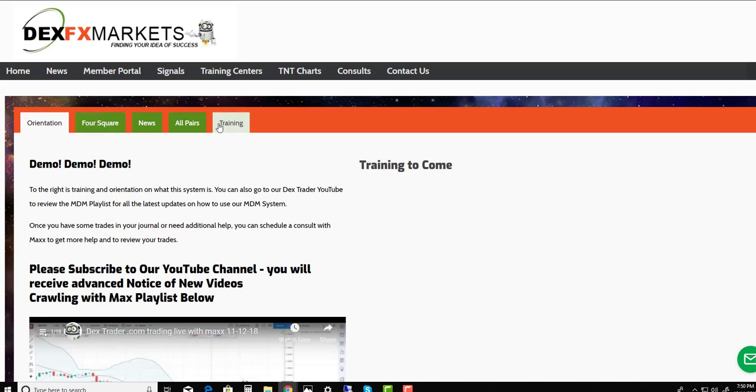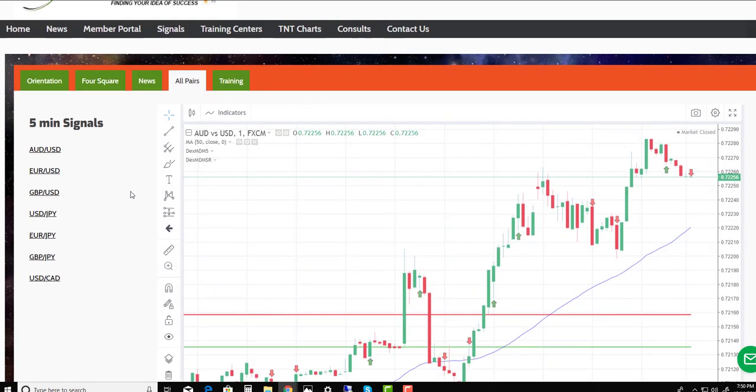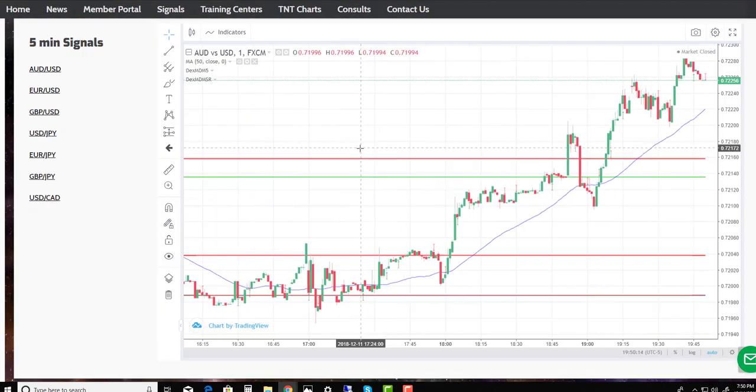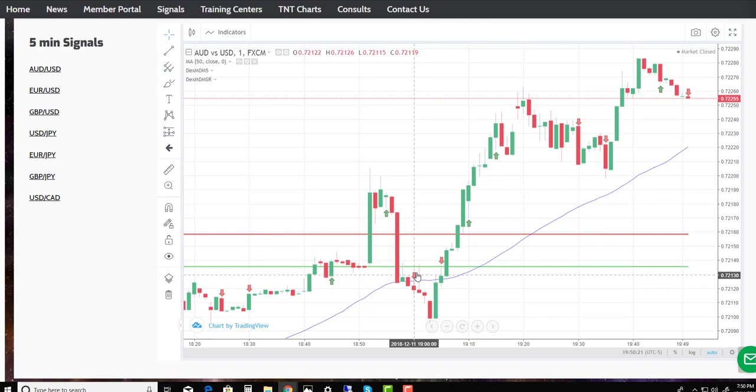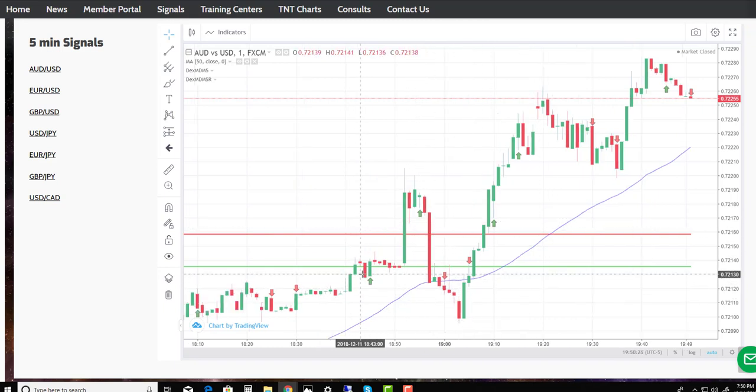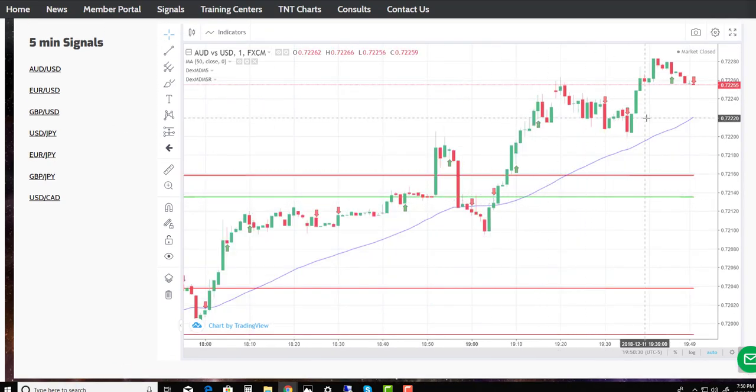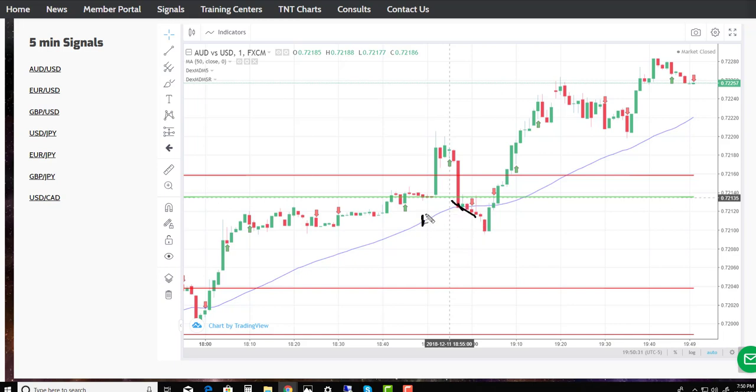Now, let's get into the all pair section and the process here. Again, this one is not so much about depicting trend as it is about where the arrow is in correlation to the price and the MA, which is the 50 moving average. We're on the AUD/USD chart. What I look for is that anytime price travels down and crosses the MA, this is considered an event.